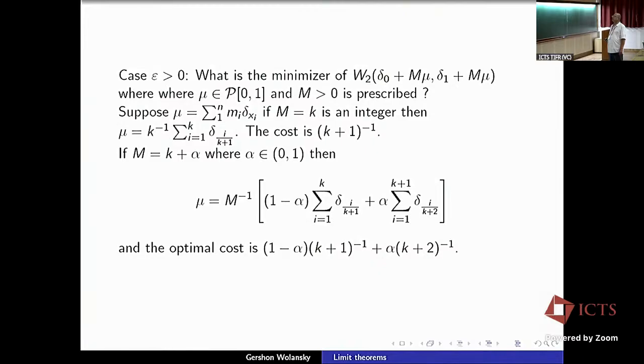distributed equally along the line connecting 0 to 1 at distance 1 over k. So the cost is 1 plus k, 1 over k.